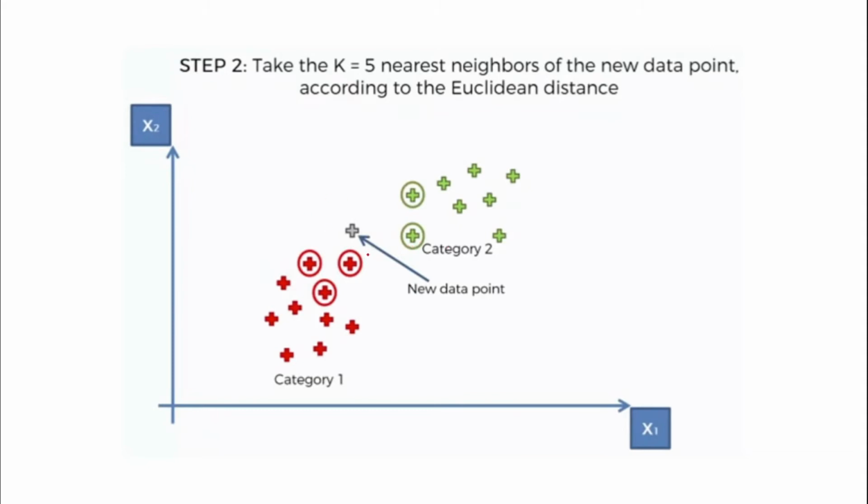So see here, it is very clear that out of 5 data points, 3 are red and 2 are green. So it is very clear that this data point belongs to the red category.